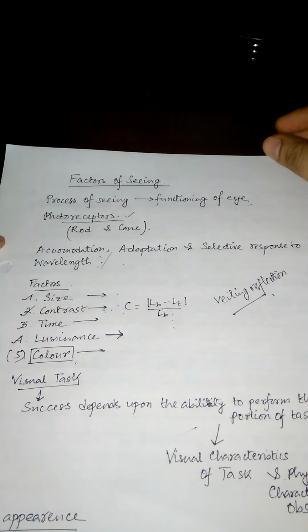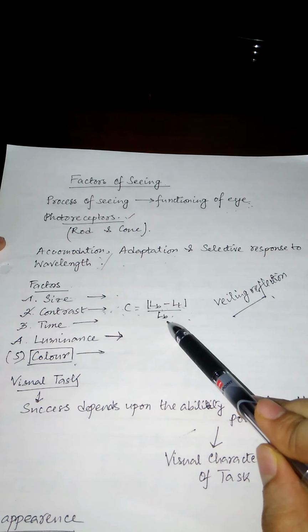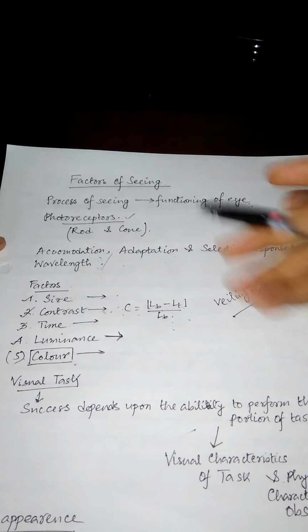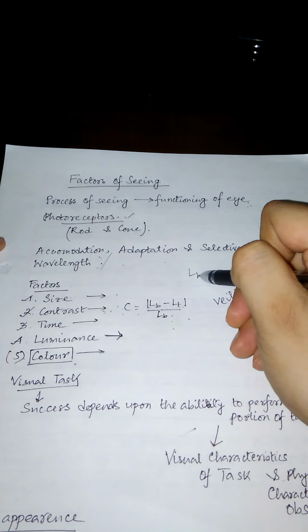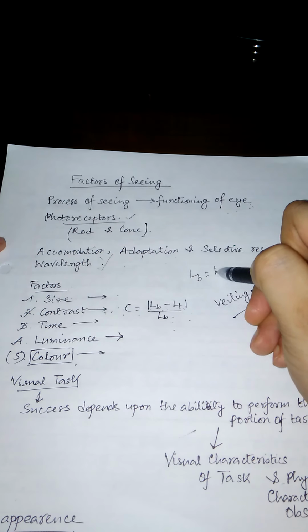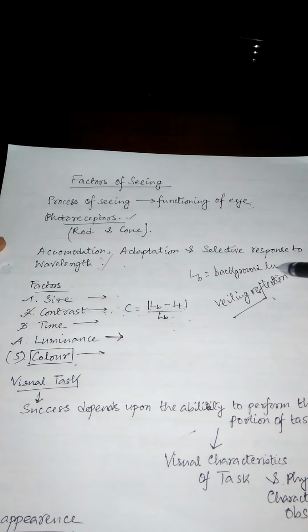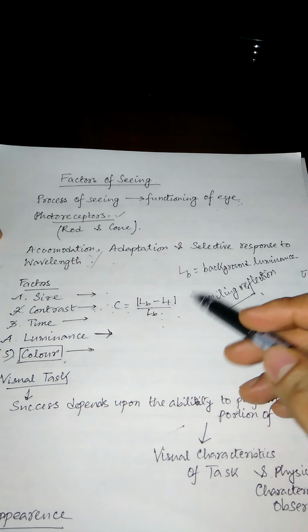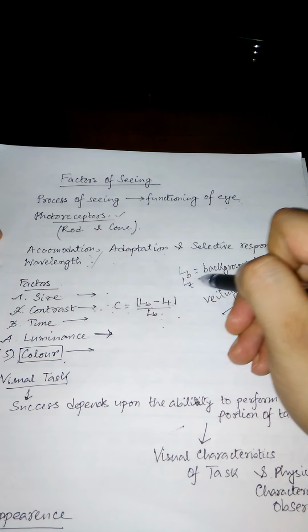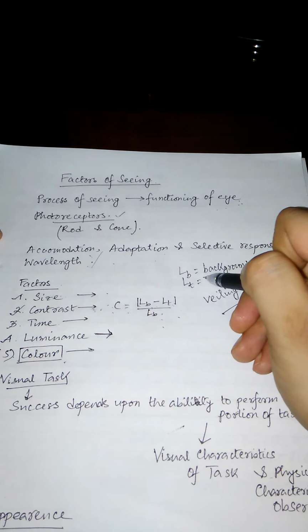When we consider contrast, mathematically we can write it in this manner: (LB - LT) / LB. So what is LB? LB is the background luminance. LT is the task luminance or the object luminance.